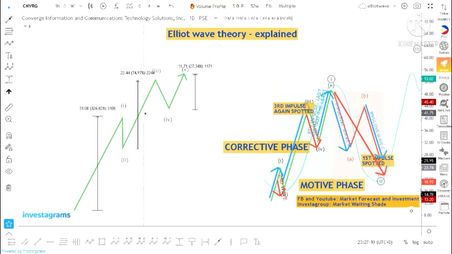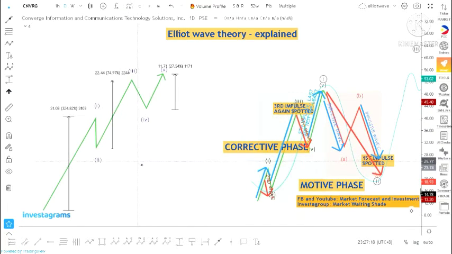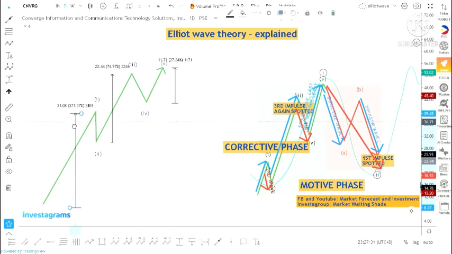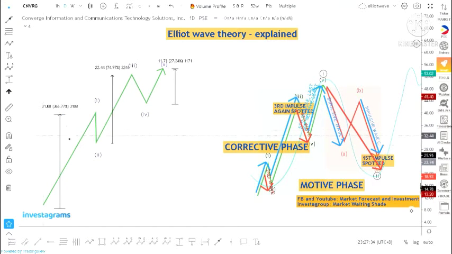Our wave 3 is not the shortest of all these three wave impulses. If you ask, is our wave 3 the longest? Yes, that's true, our wave 3 is not the longest, but our wave 1 is. So it implies that wave 3 does not have to be the longest among the three impulses.